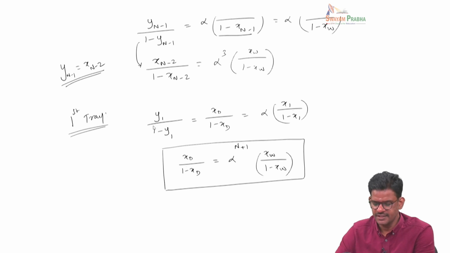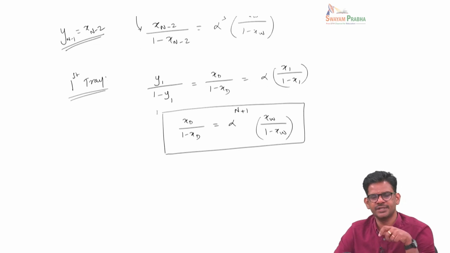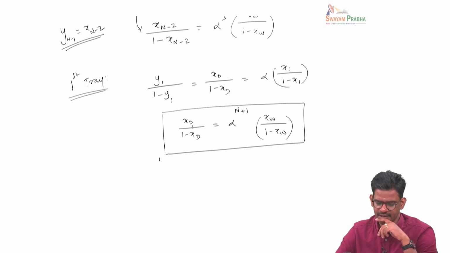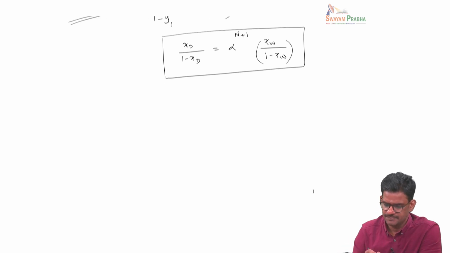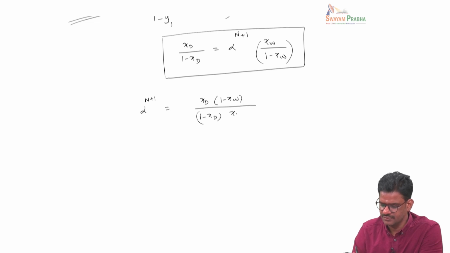So what we have done is, through this recursive relation, and applying the equilibrium condition as well as the operating line of the 45-degree line, we are able to relate the distillate composition xd to the residue composition xw. So from here we can rewrite this equation as alpha to the power n plus 1 is xd into 1 minus xw by 1 minus xd times xw.